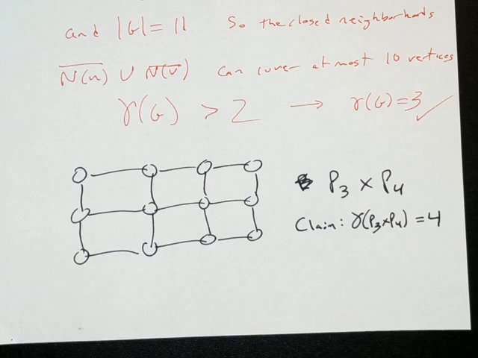I claim I can do it in 4. I'll give you a hint. No corners. Abigail, did you find one? I certainly can do the middle 4. If I do the middle 4, I absolutely get top 4 and the bottom 4 right away.